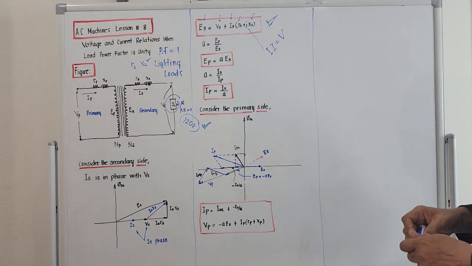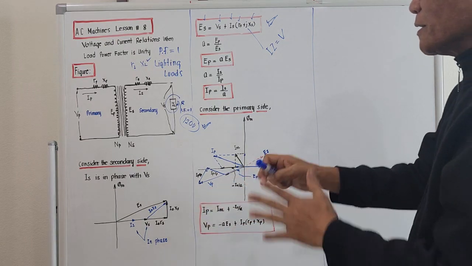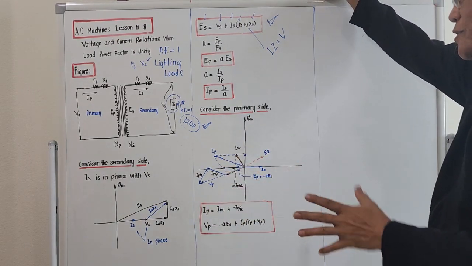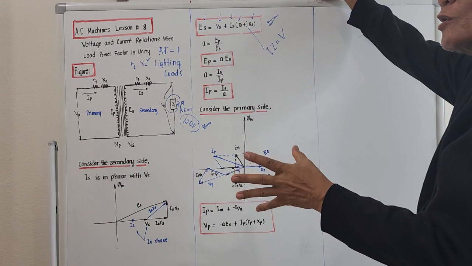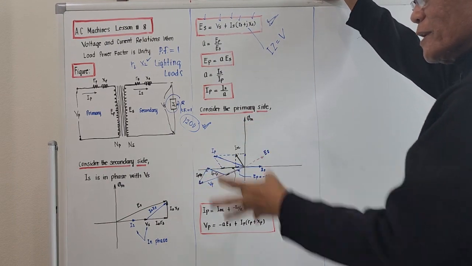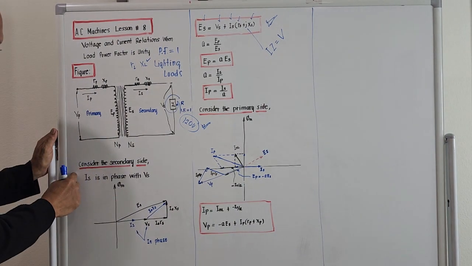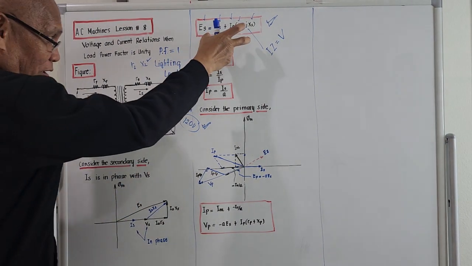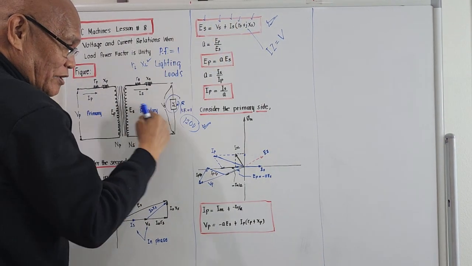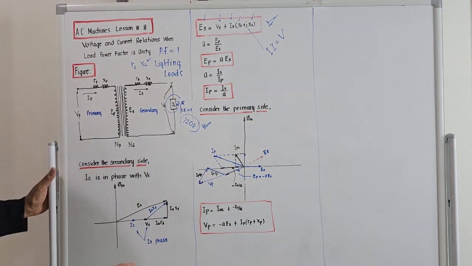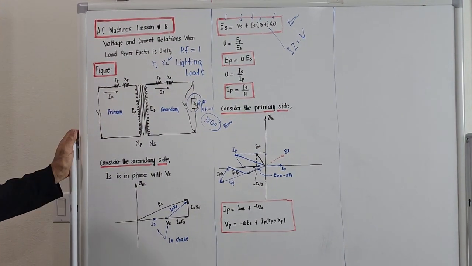With regards to the vector diagram, at least we know how to graph this vectorially. It is like this. Considering the secondary side, this is now the relation of the voltages and currents on the secondary side. If we try to draw the vector diagram, it is like this.